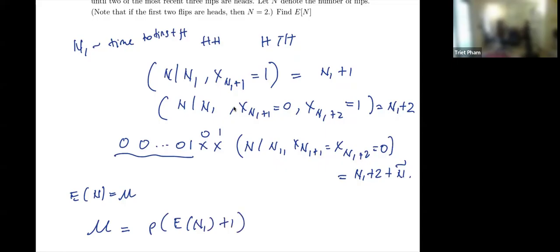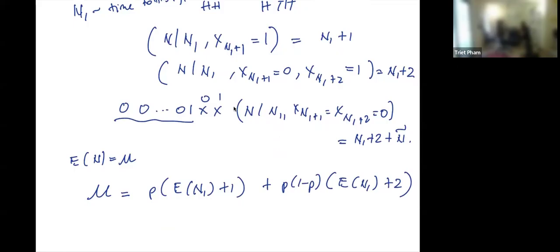Agree? This happens with probability 1 minus p times p. And then this 1 minus p squared.